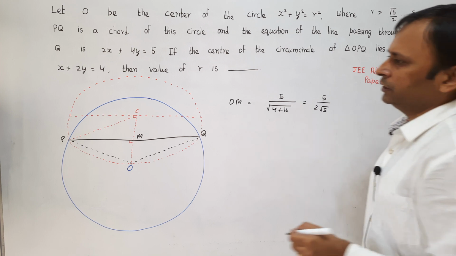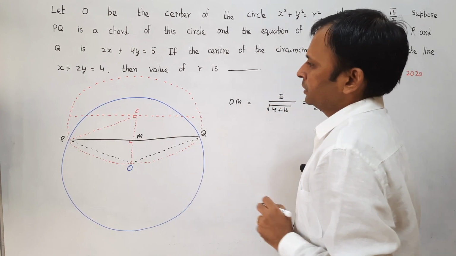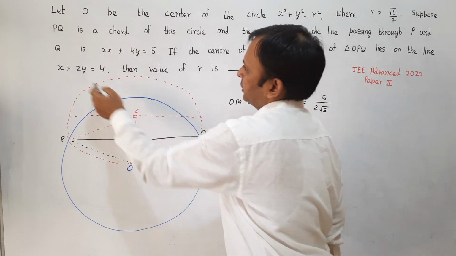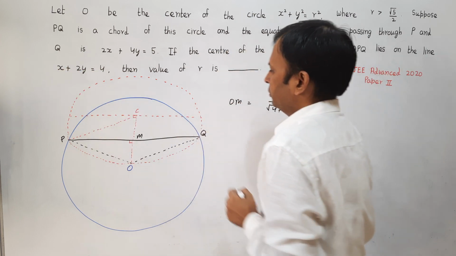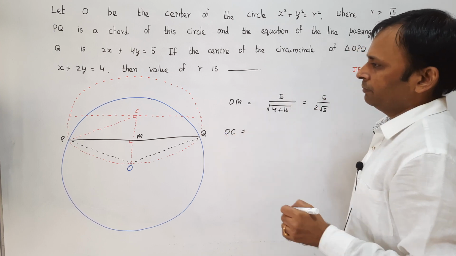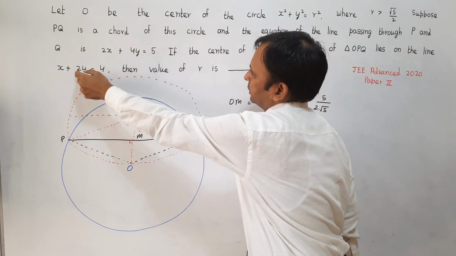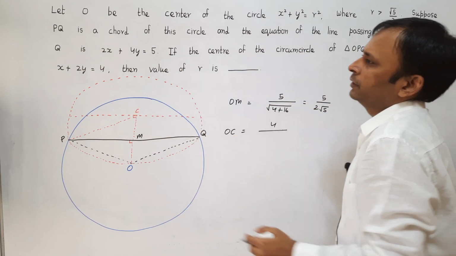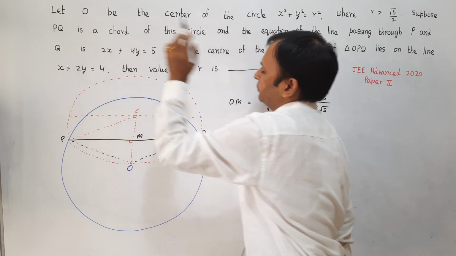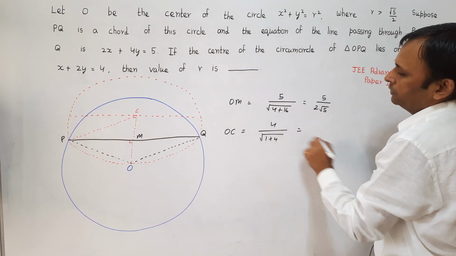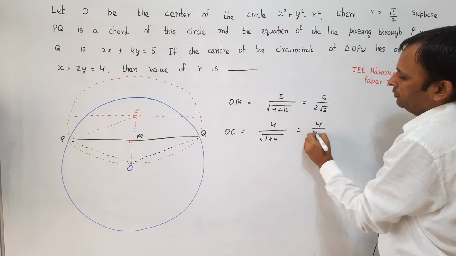So this is the distance from O to M. Similarly, I can find out the distance from O to C, which is the distance from this line and the origin O. So the distance from O to C will be given by 4 divided by square root of 1 square plus 4 square, which is equal to square root of 1 plus 4, that is equal to 4 upon root 5.